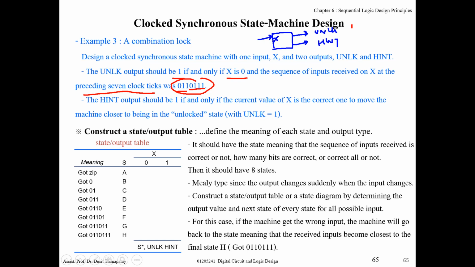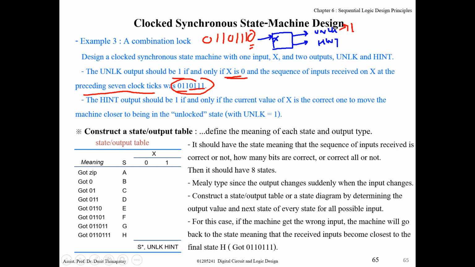That means if you apply the input 0, 1, 1, 0, 1, 1, 1, and then apply 0, the output unlock will be 1 immediately.